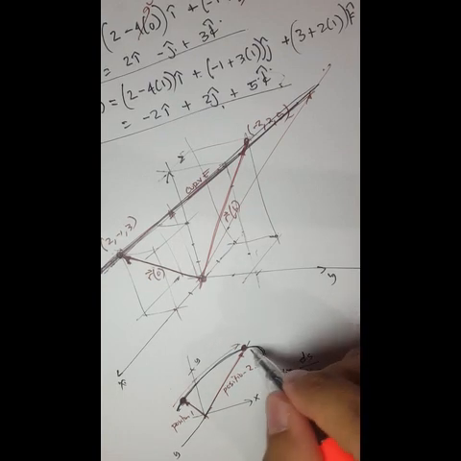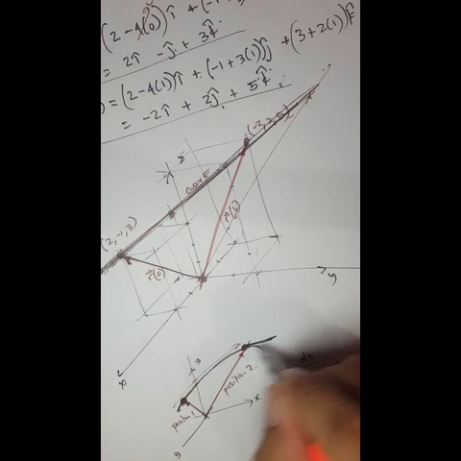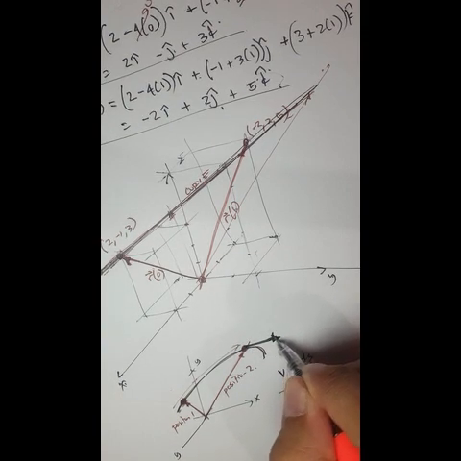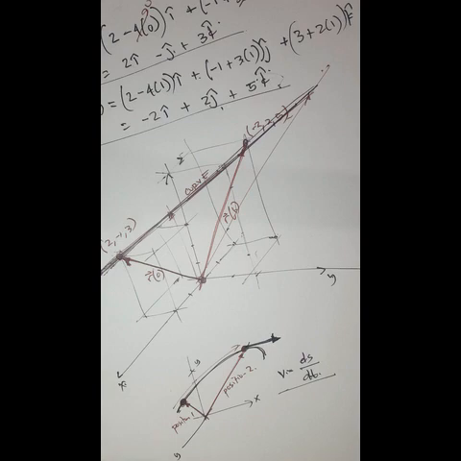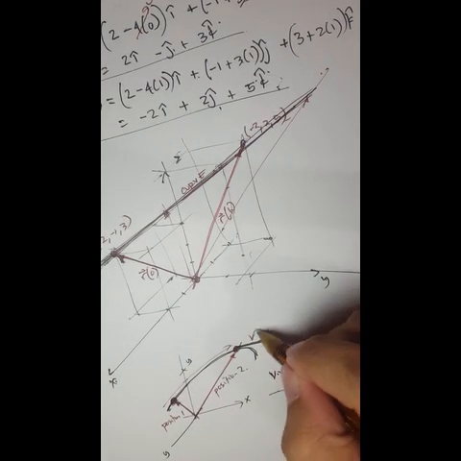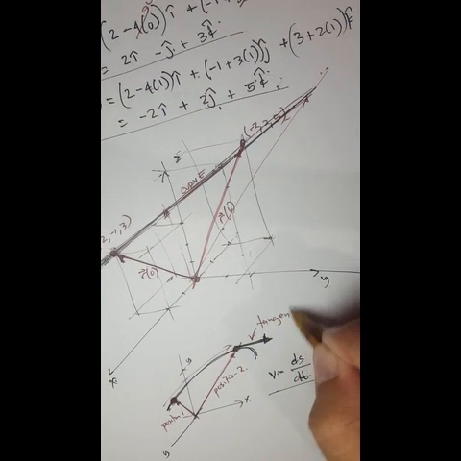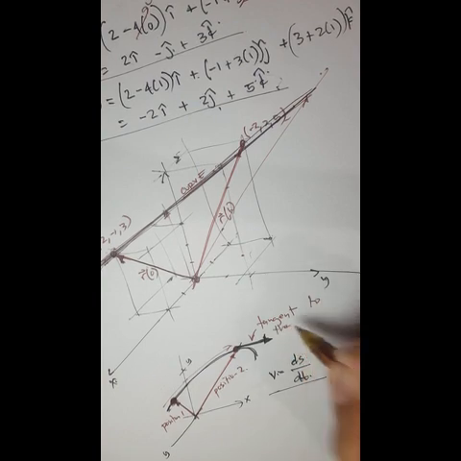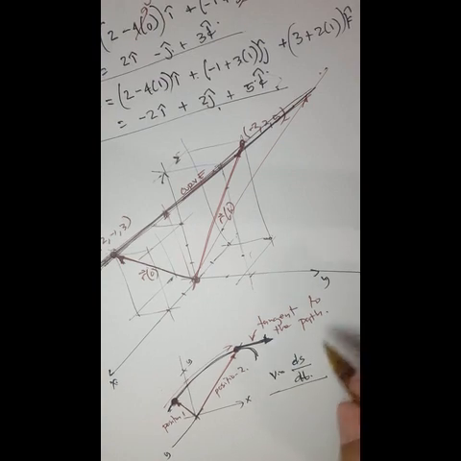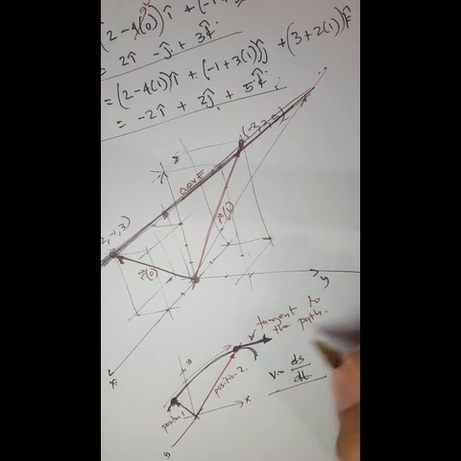The velocity is also a vector, and this vector is tangent to the curve, or path, and that's what we call velocity.